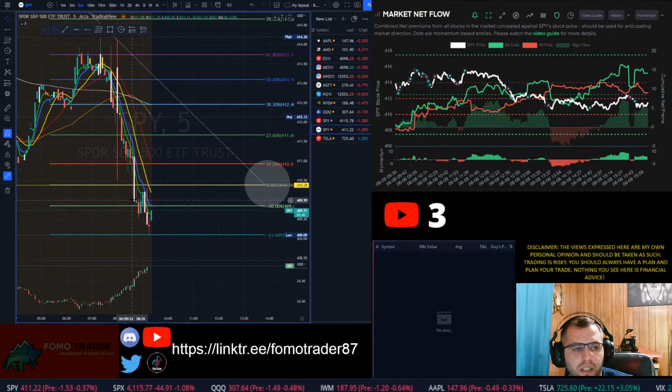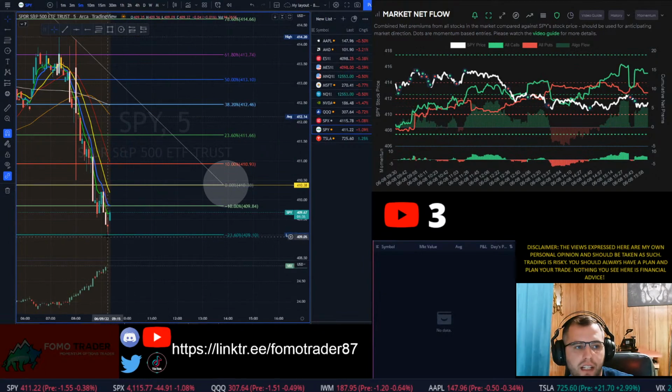It hit a little bit of resistance, pulled under, then bounced back up. Then it immediately went back down and bounced off the 23.6. The 23.6 is 409.10. What's the low of this candle? 409.09. One cent off. So that right there should show you all you need to see on why you should be learning how to use Fibonacci.